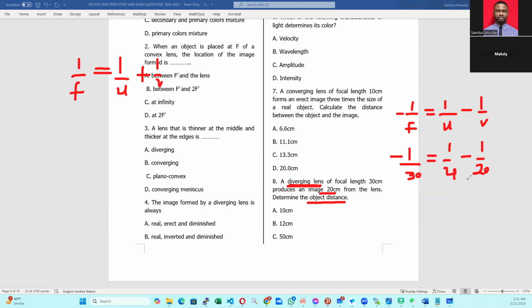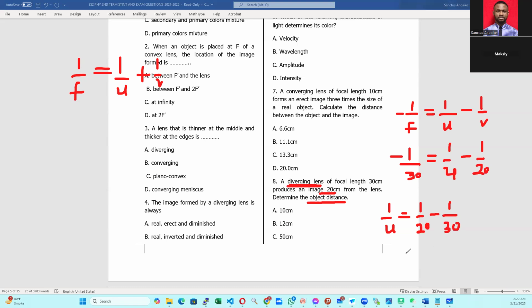When you are throwing your value to the other side, sometimes you forget to change the sign, and it will affect your final answer, definitely. So you have 1 all over u equal to, you have to be very careful in this exam, boy. Don't mess up. 1 all over 20. This minus 1 over 20 has been thrown to this side, so it changes to plus. Then we have minus 1 over 30 as it is.